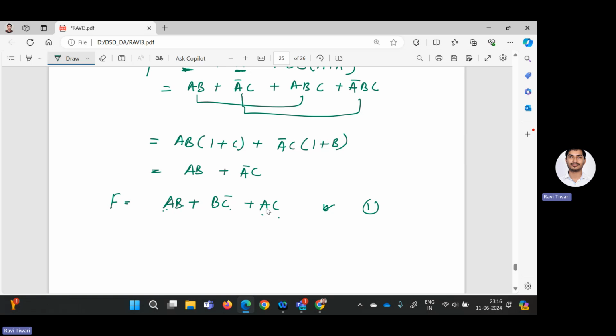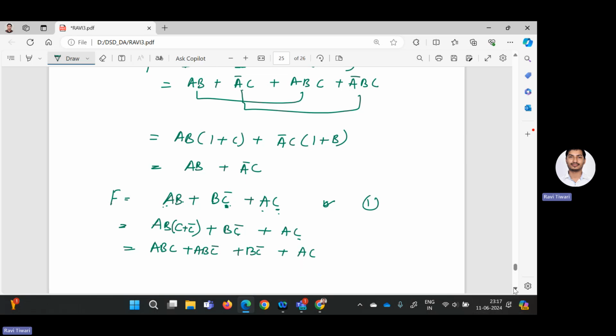Third, one variable is complemented, here C. As C is complemented, you need to include C plus C bar in the third term. So now we can write ABC plus ABC bar plus BC bar plus AC.